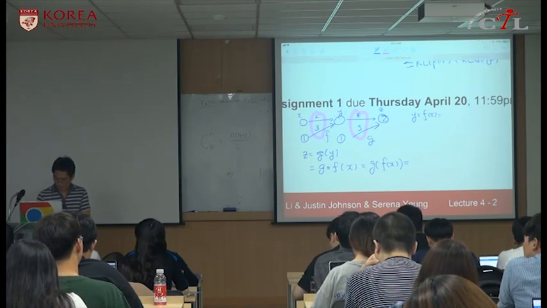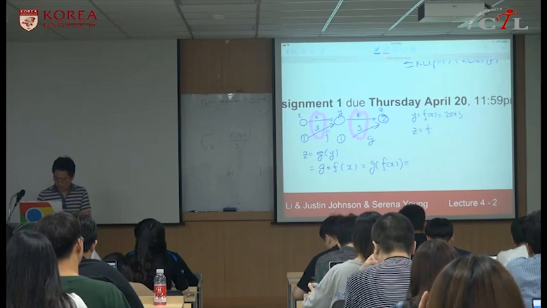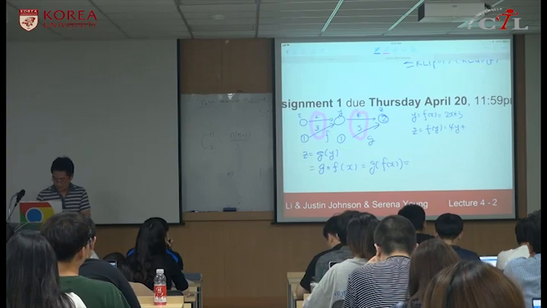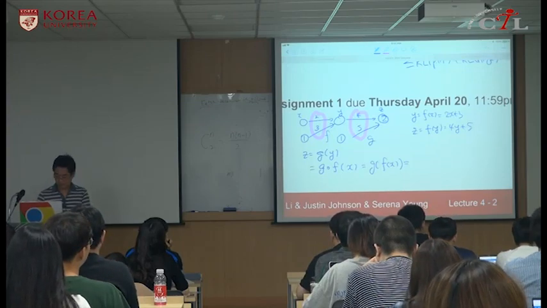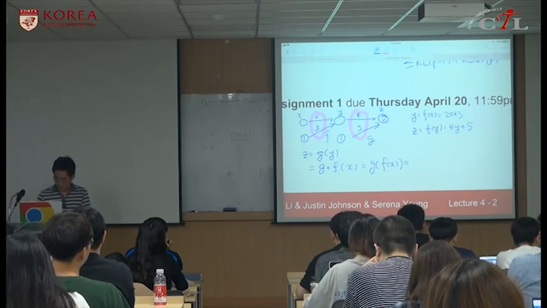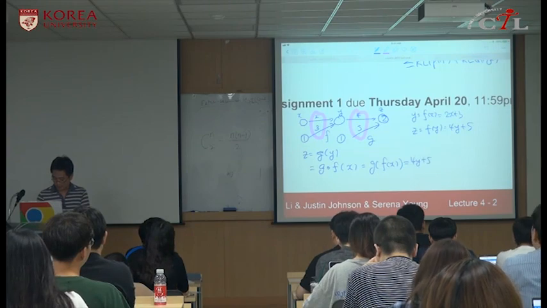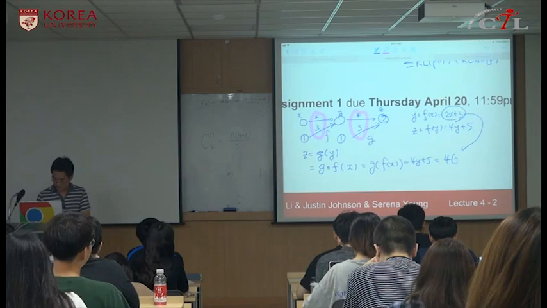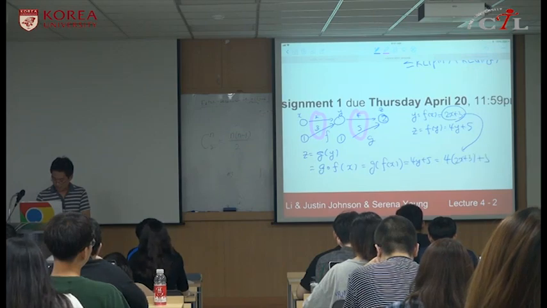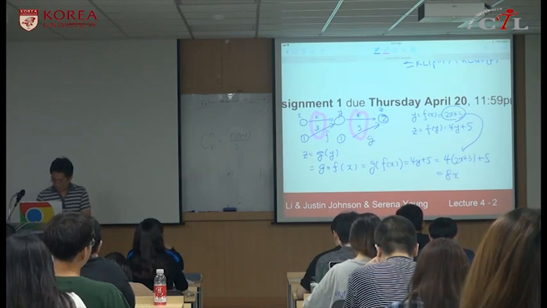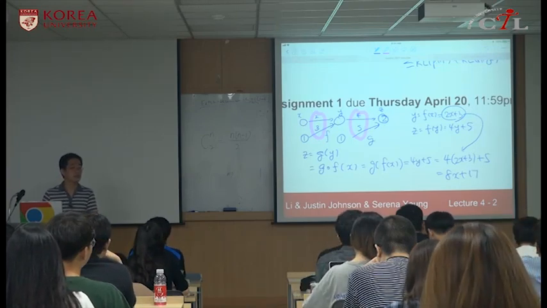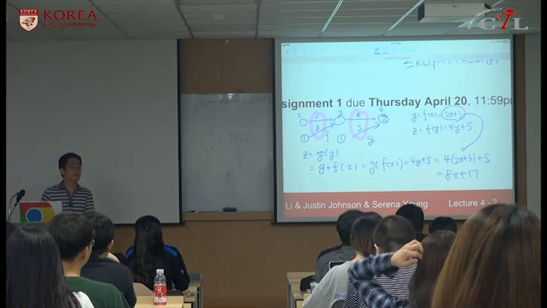So y is 2x plus 3, and z is g of y, which is 4y plus 5, right? If we just plug this in, then it is 8x plus 17.